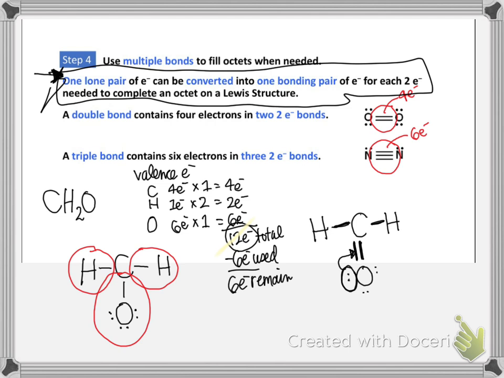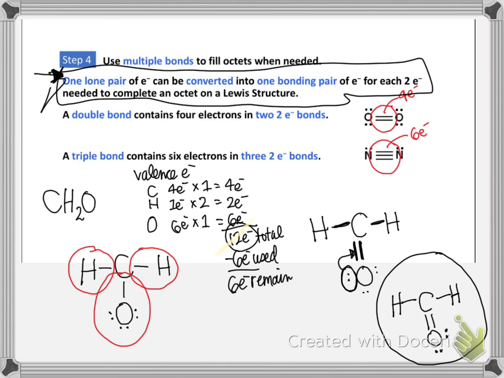And I am going to redraw it as a double bond. So I'm going to take it from an unshared pair to a shared pair. So it would be like this. So now what's happened is I still have only used 12 electrons.